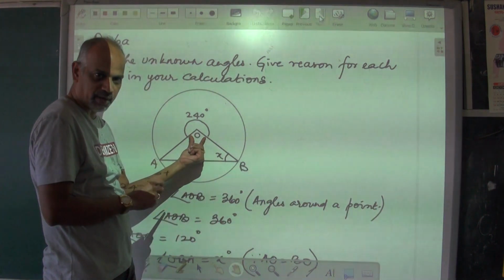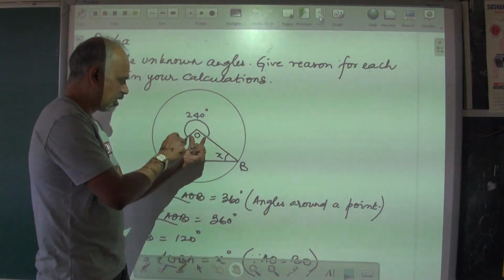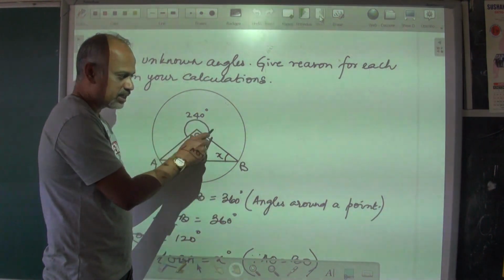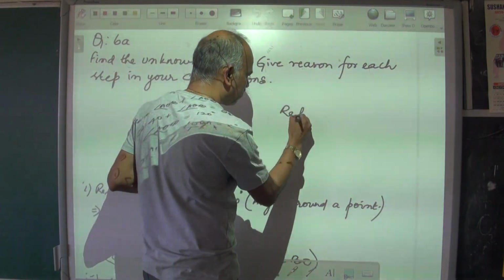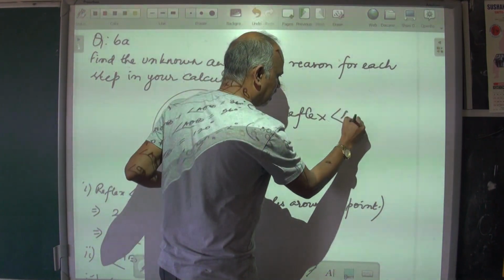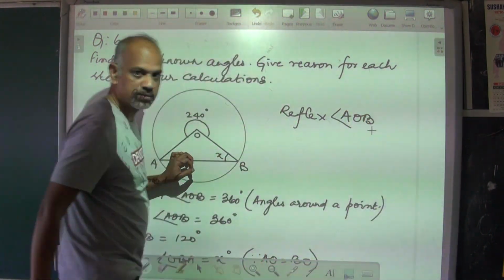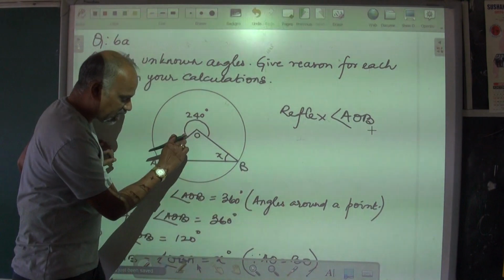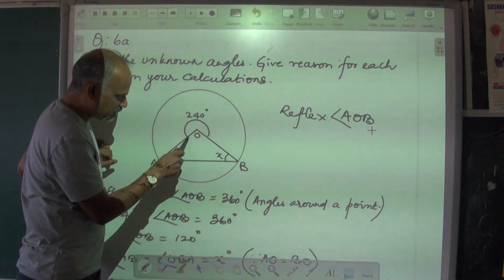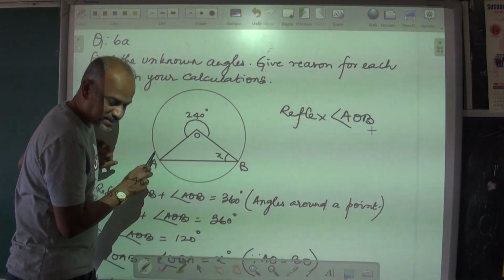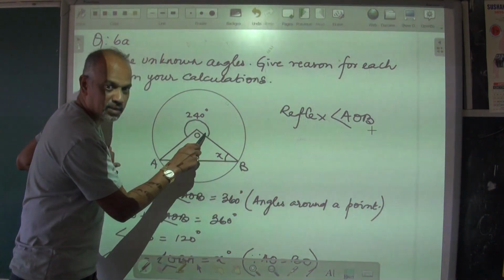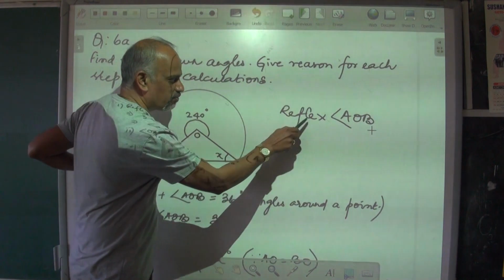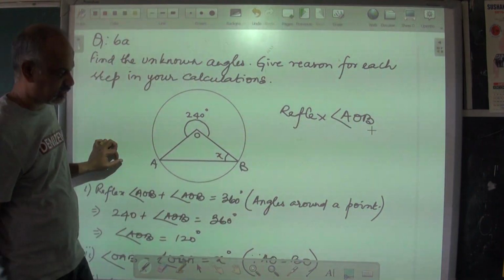The bigger angle is called reflex angle AOB. This is AOB, this is also AOB, but the smaller one is named as angle AOB, and the bigger one is called reflex angle AOB.